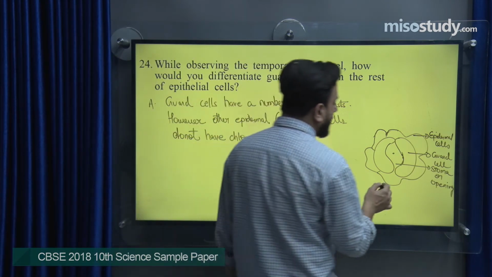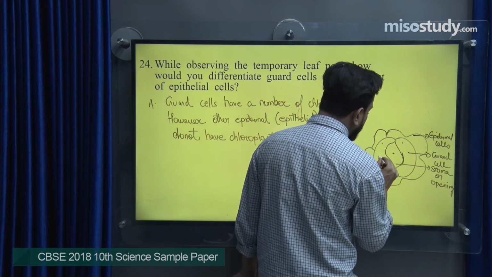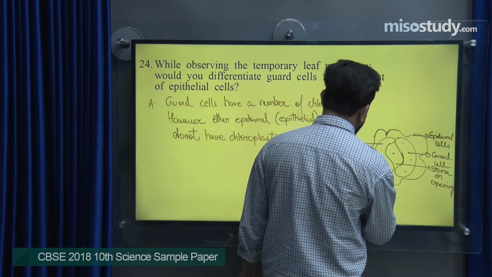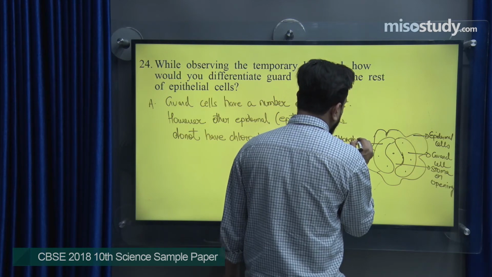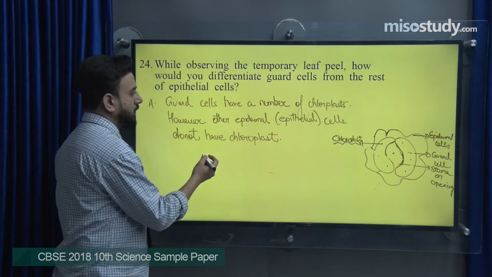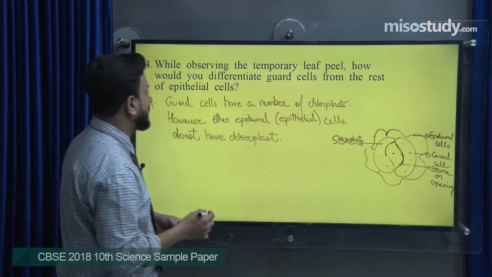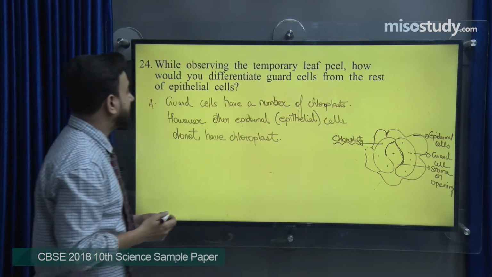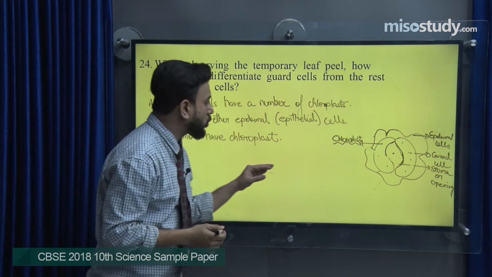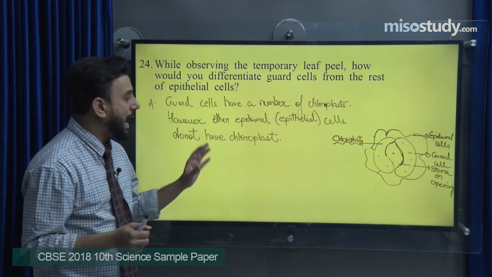So we will see now here, these are the guard cells. There will be chloroplasts present in their body. Guard cells have a number of chloroplasts, yes. However, the other epidermal cells do not have chloroplasts, so that's what I have explained to you, and this is done.